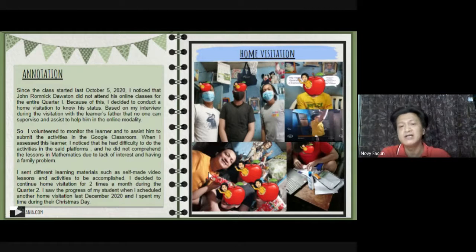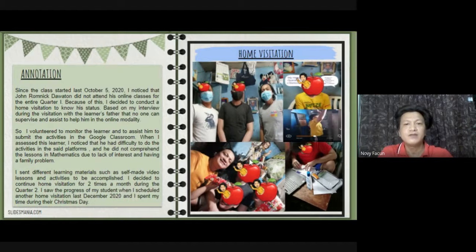So work piled up on him, and I noticed he could not pass, so I volunteered. I conducted a home visitation to understand the background of the student. I found out the child's problem, and then the parent and I talked about helping the learner in his subject. With that, I saw signs of perseverance.